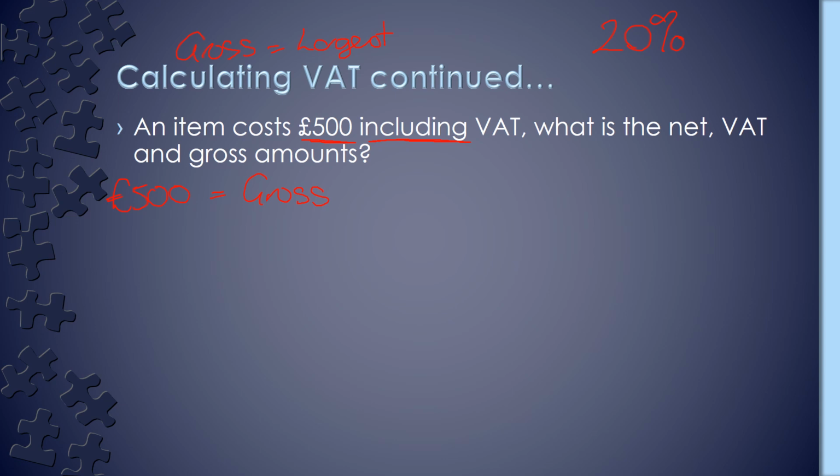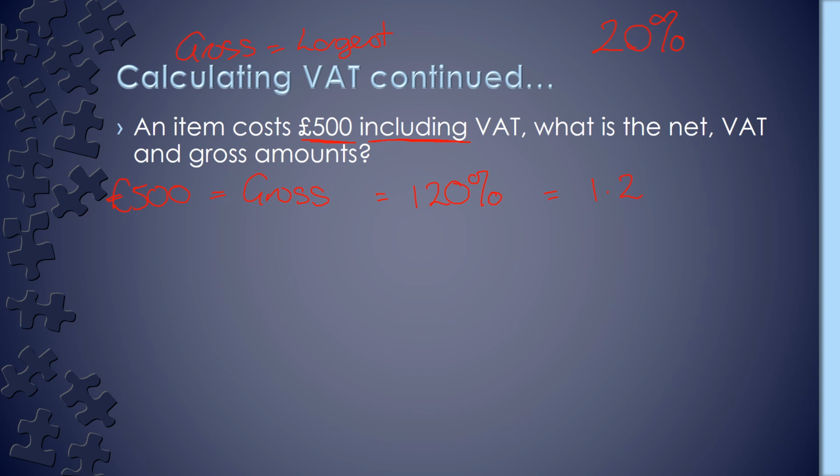So if £500 is our gross amount, how are we going to work out what our net and our VAT amount is? Let's look at it. Our gross amount, we know, is going to be equivalent to 120% of our net. Let's move that into decimals. So that's 1.2 of our net.